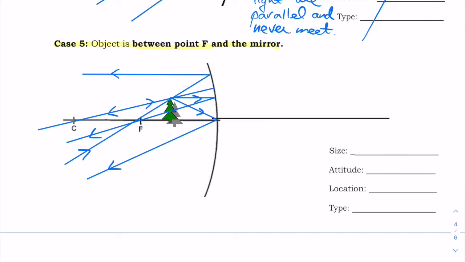at where they cross. So for the first ray of light that came in parallel to the mirror, it reflected and passed through the focal point. You just have to extend the reflected ray behind like so.